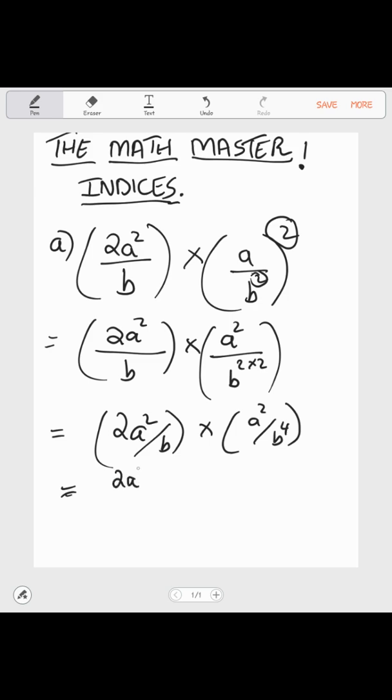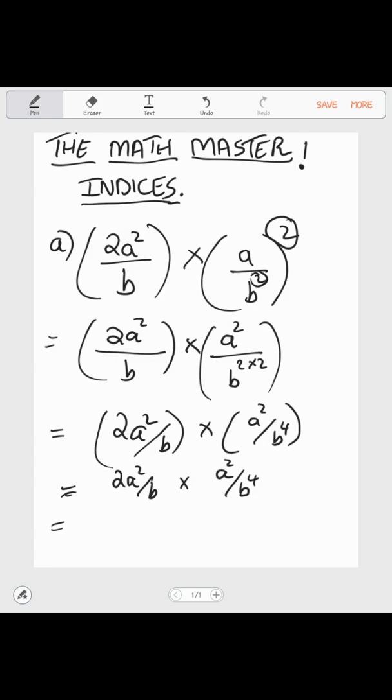This bracket would remain as it is for now, and this would become a squared over b to the power 4. This would not be simplified further.